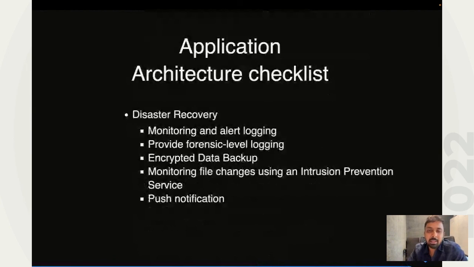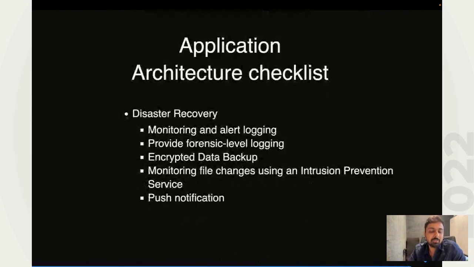Next is the disaster recovery. So yes, even if we set up a lot of good infrastructure, right, and put a lot of secure mechanisms, there is a chance that the hackers are able to breach our secure network due to some leakage, right? So in order to handle that, what steps we should be following is that we should have a proper monitoring and logging system.